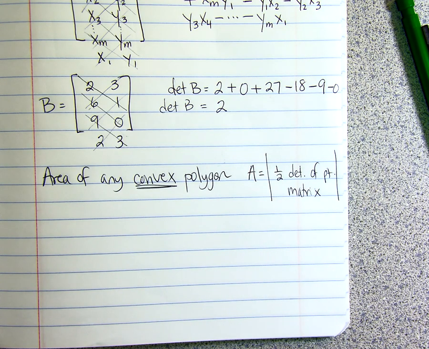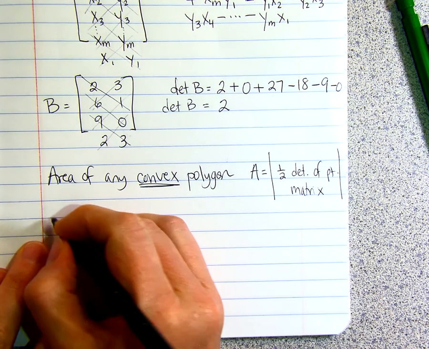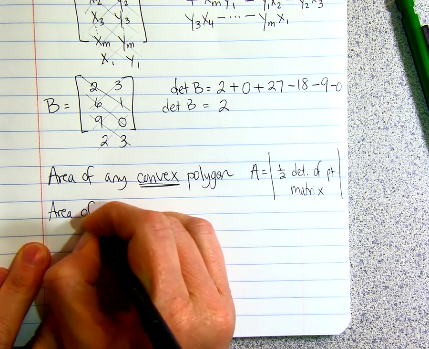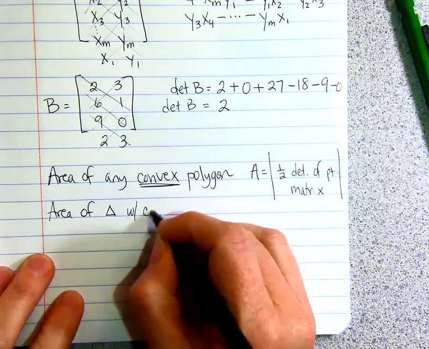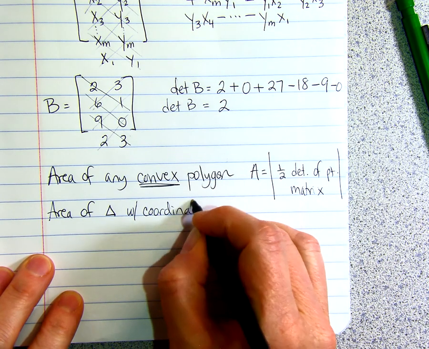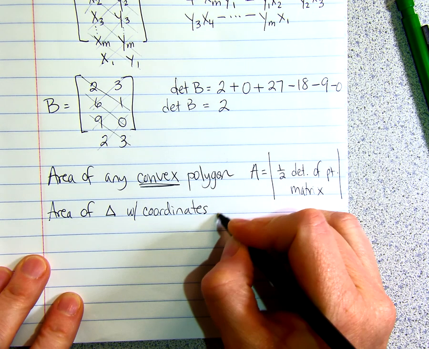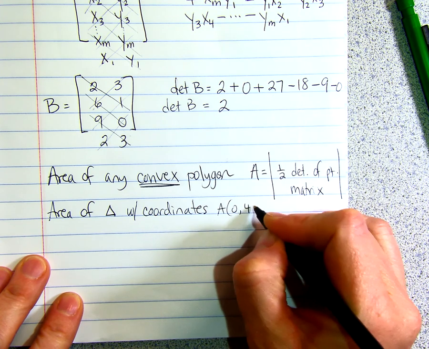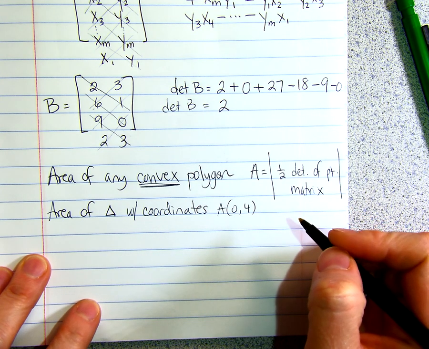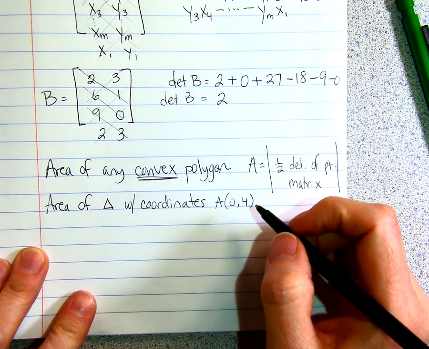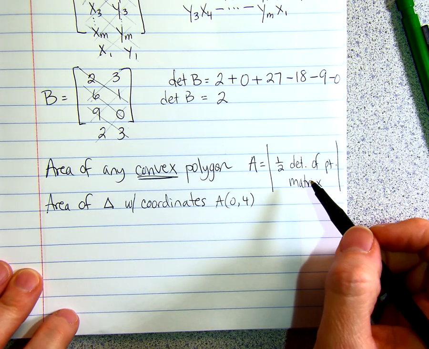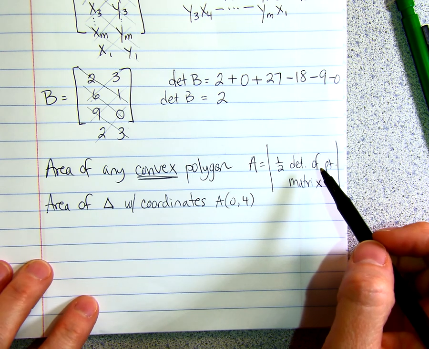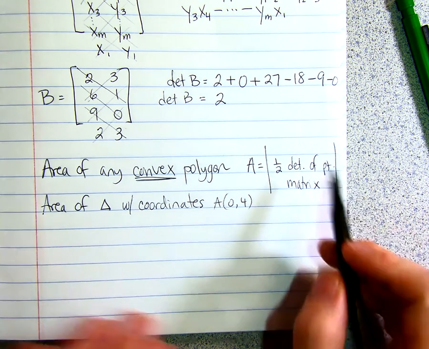So let's do an example. The one thing I'm a little bit confused about is, 1/2 times 2 is 1, and then if you times that by the matrix, it would be the same matrix. Wait, what? No, I'm not timesing it.